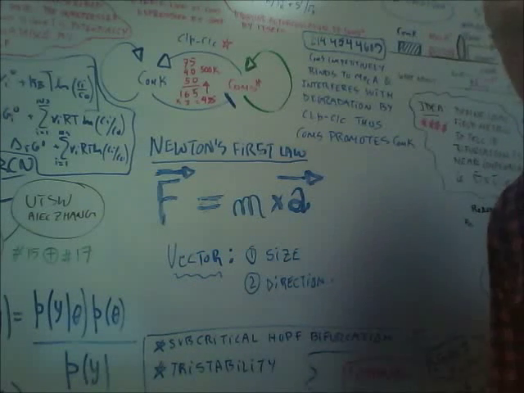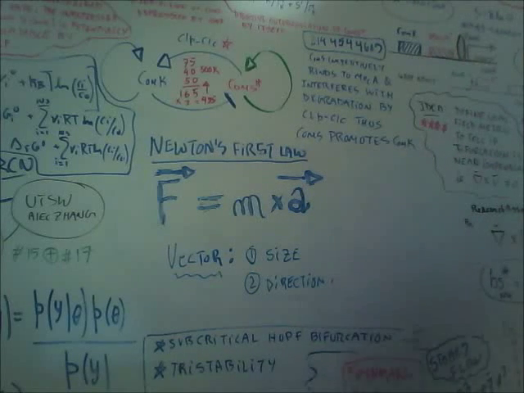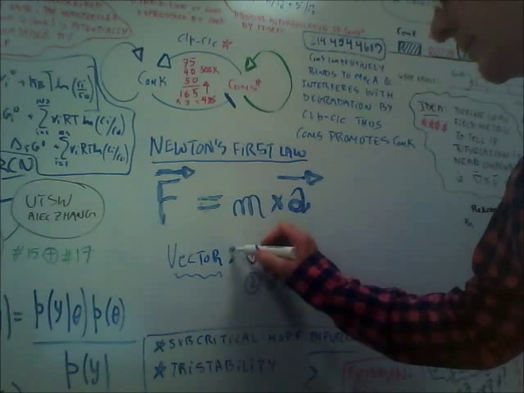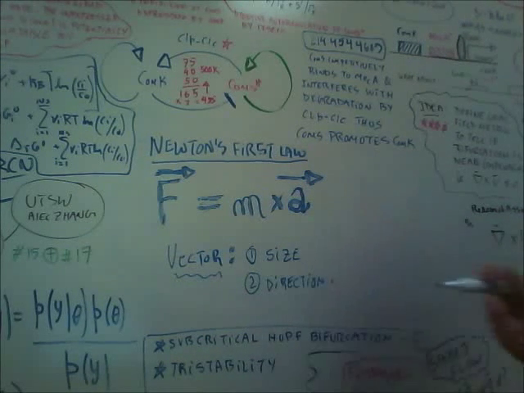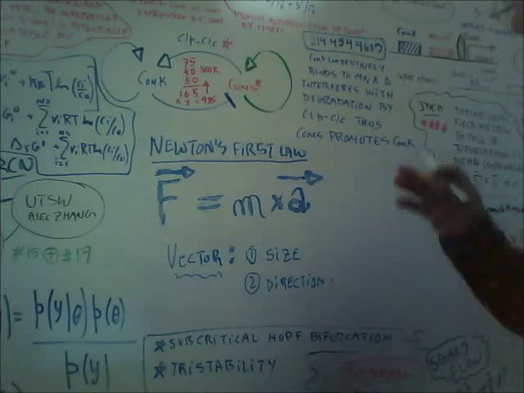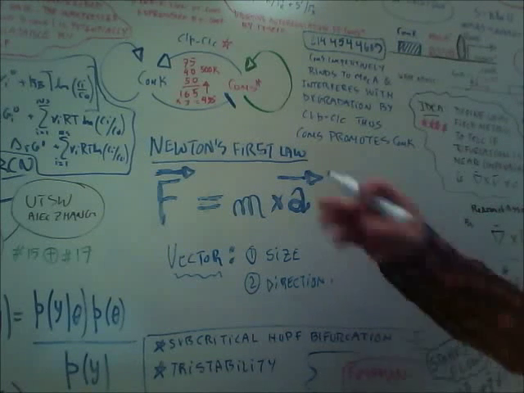So vectors are interesting objects, an interesting concept. It's not a simple concept because it has how big is it associated with it. But not only that, it matters how big is it towards what direction.